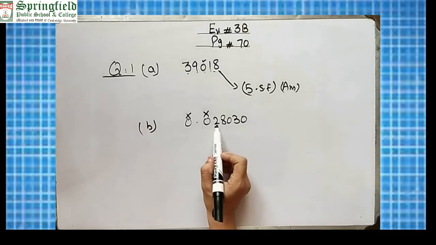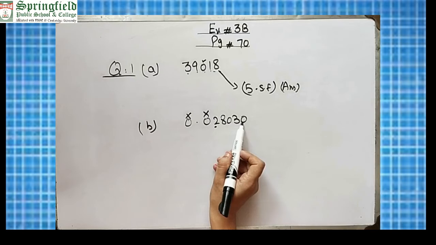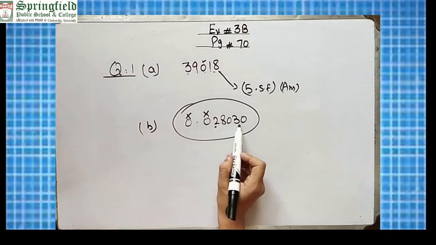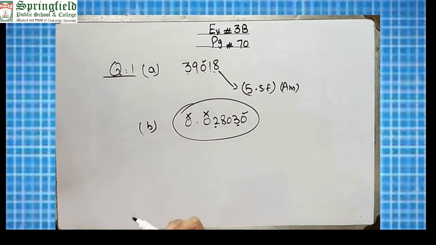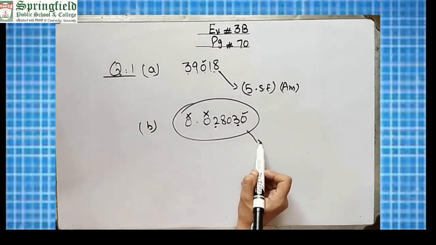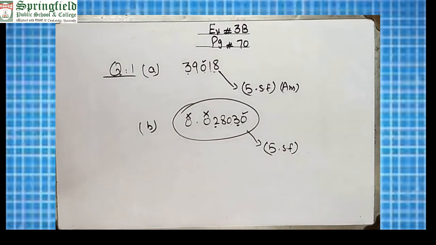So we will start counting from 2. 1, 2, 3, 4, 5. And we know that in a decimal number, the 0 after the non-zero digits is significant. It means this 0 is significant. So 1, 2, 3, 4 and 5. This number also has 5 significant figures. Understood, beta? Okay, now C part is your task. Think about it and write down the answer.